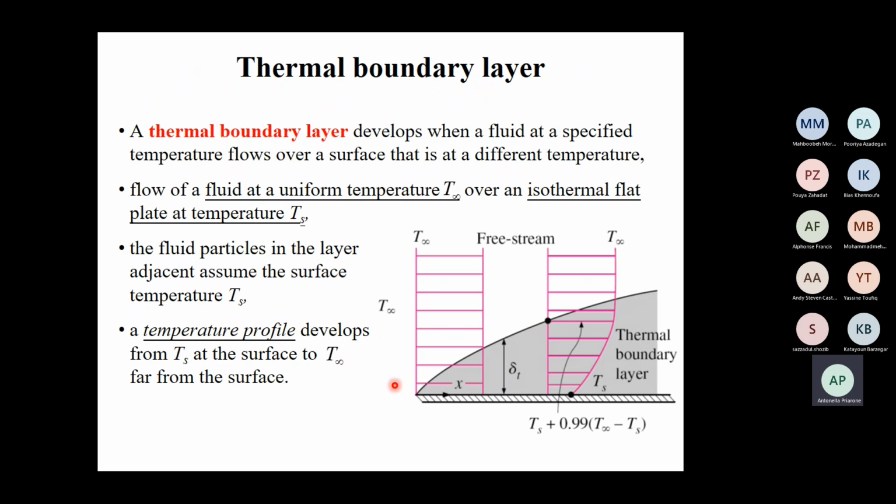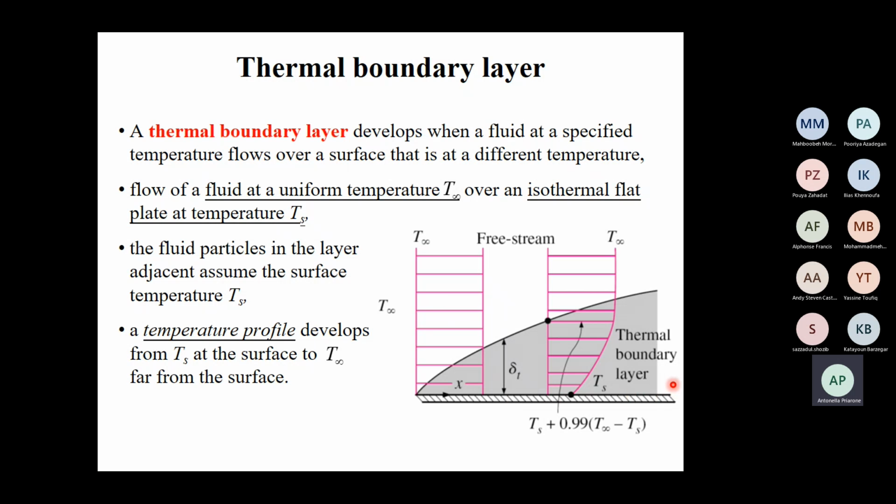That means if I analyze the motion of a fluid over a plate, the convective coefficient H is not constant along the plate, but changes along the plate. H changes along the plate.